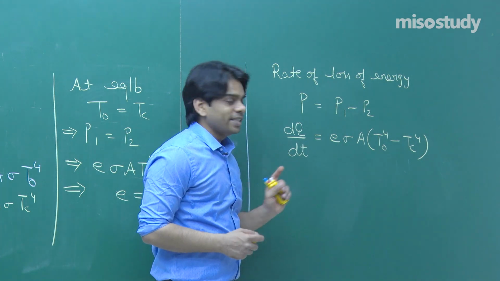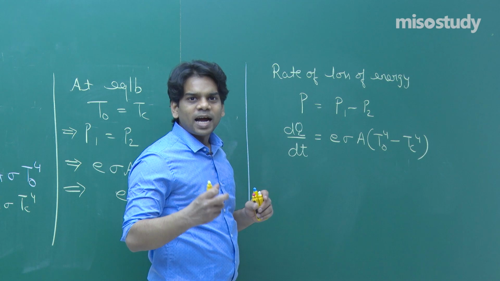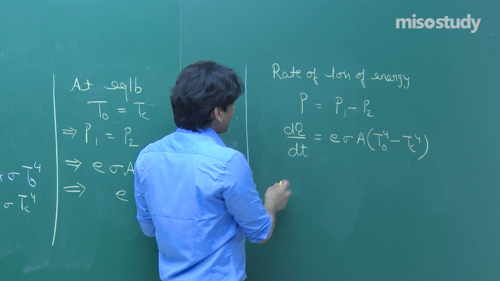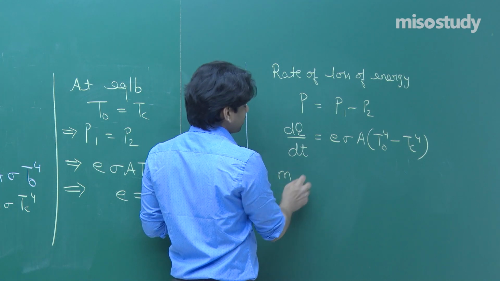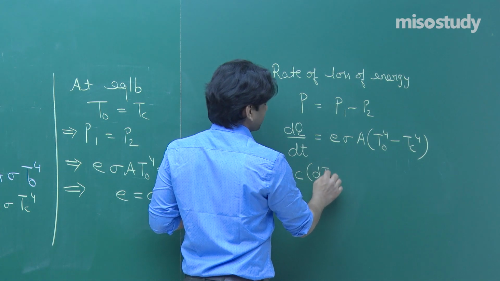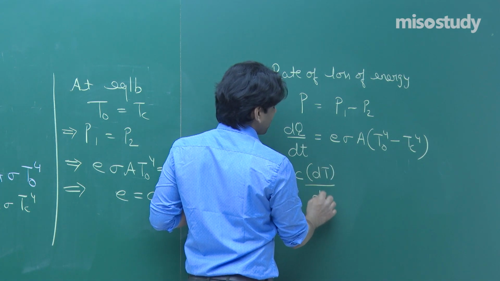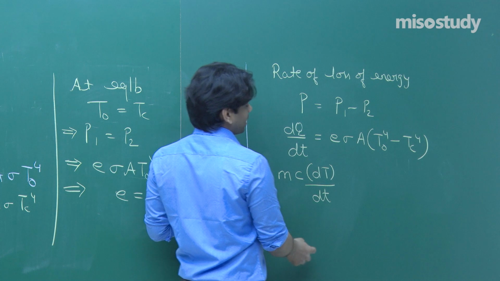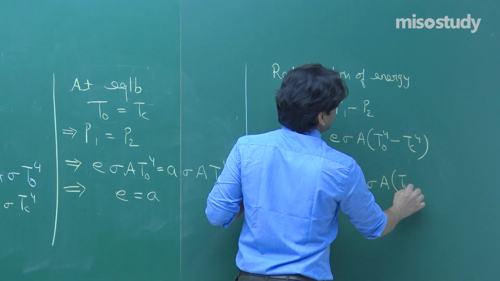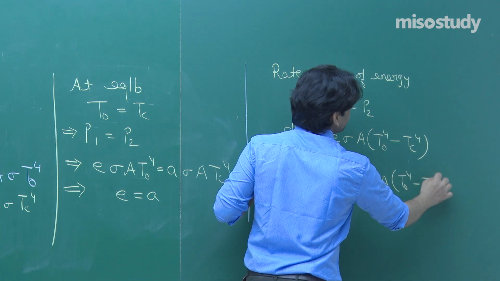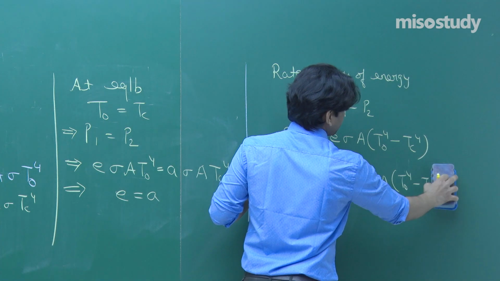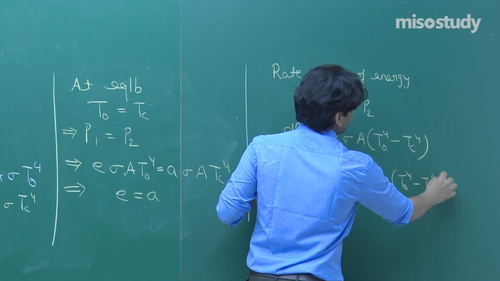Now we know that the small heat energy that is transmitted is given as mass into specific heat capacity into change in temperature, dQ equals m c dT, so dQ by dt is m c dT by dt, which is equal to E sigma A (T naught to the power 4 minus Tc to the power 4).